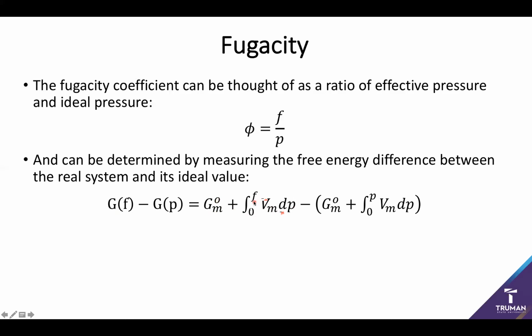Because again, all of the non-ideality went into this variable. And dP is just simply going to relate the progress from our native conditions to this new pressure. However, the actual pressure of the system is, well, something else.